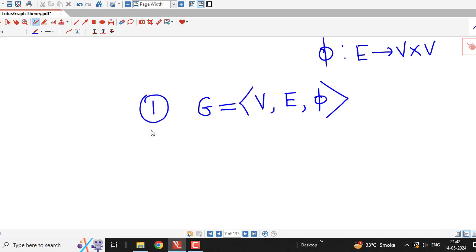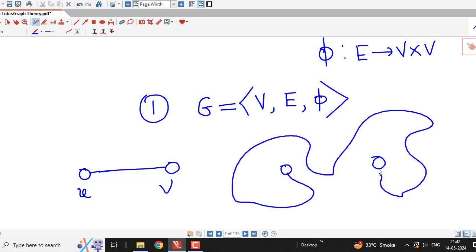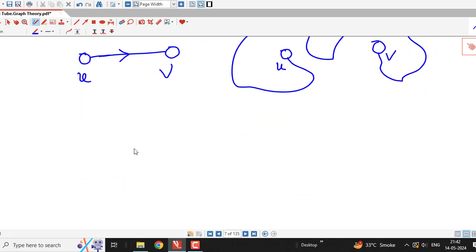Now there are several pictorial representations for the same graph. For example, if I have two nodes or vertices, then I can join them by this type of straight line. If I wish, I can join them by this type of any edge. So we are not worried about the shape of the arc joining two vertices. Similarly, we can have this type of thing also. Suppose I have this graph.